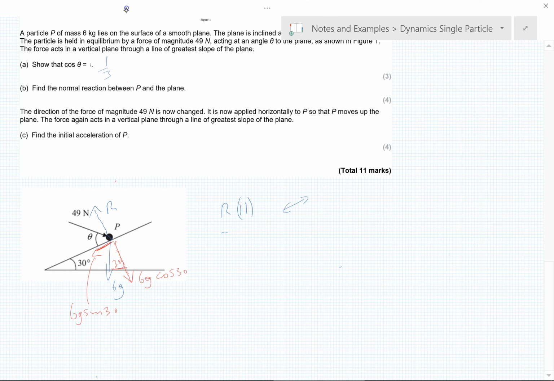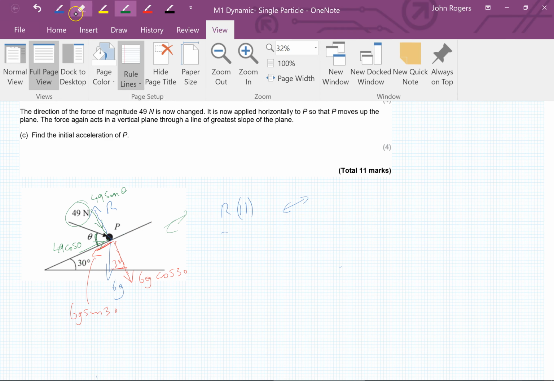And then the 49 force has a component upwards of 49 cos theta because it's next to that marked arc, and also a component into the plane there of 49 sine theta, not 4g sine theta, 49 sine theta for the component there. So going in this direction, there's only two forces at play, these two here. Okay, so let's do that.